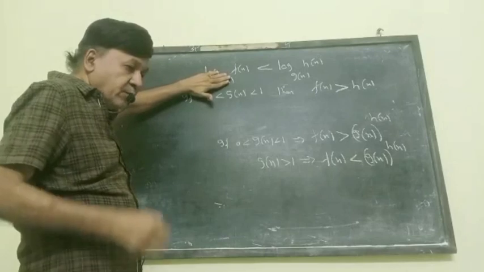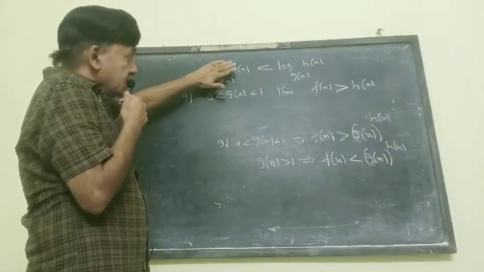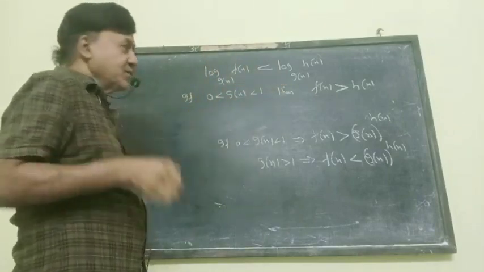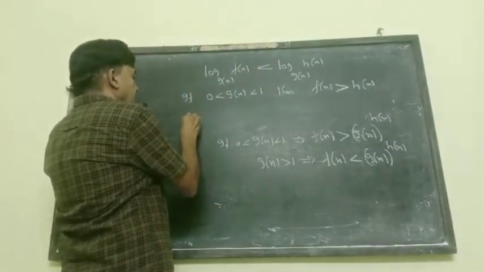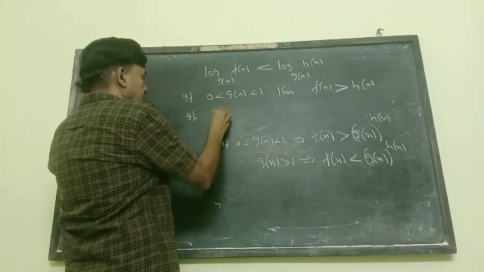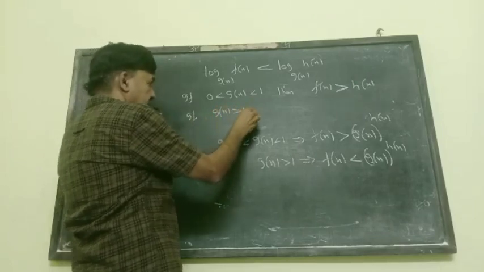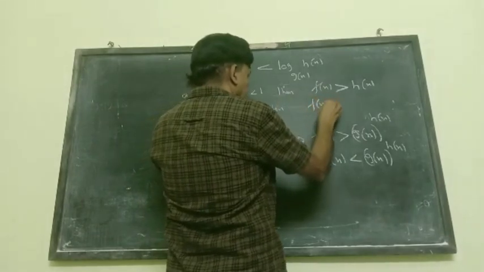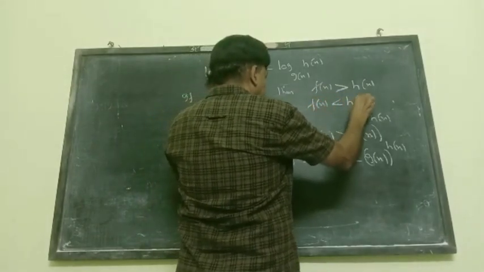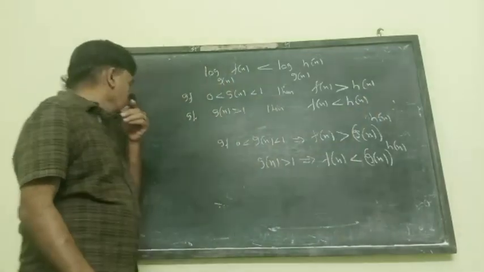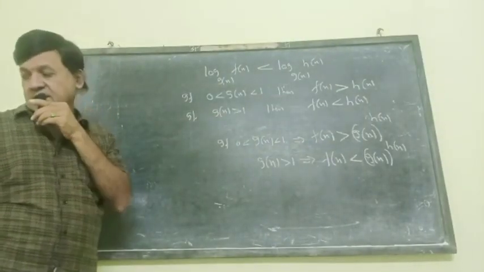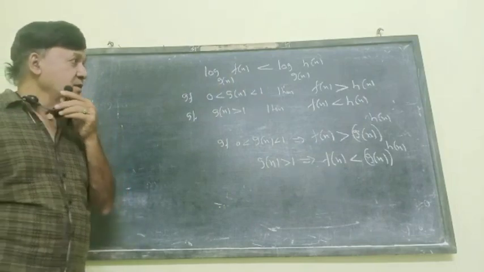If base is a proper fraction, then if you remove log on both sides, inequality should be reversed. If g of x is greater than 1, then f of x is less than h of x.